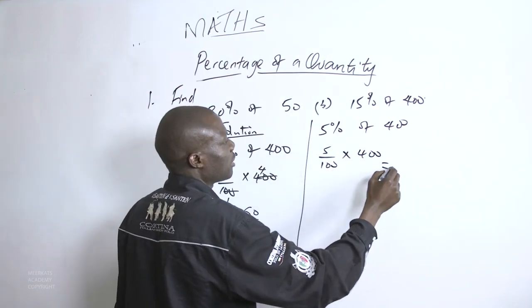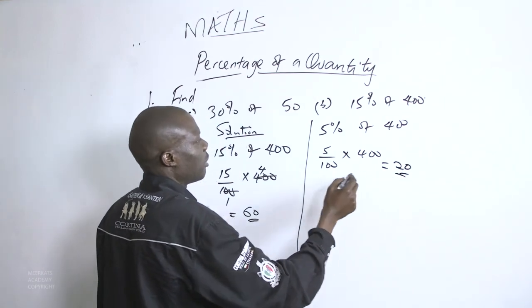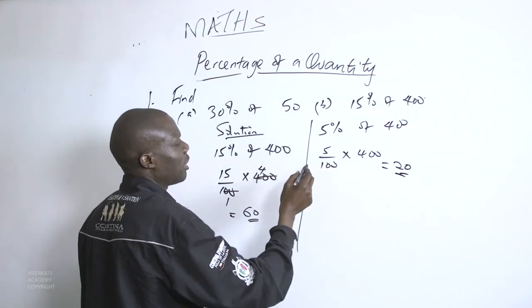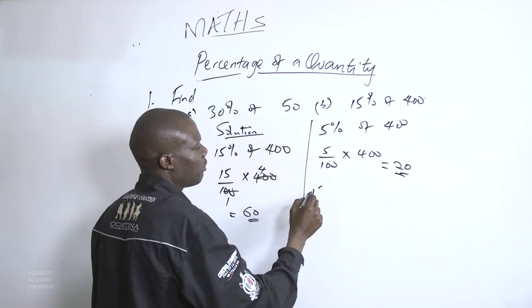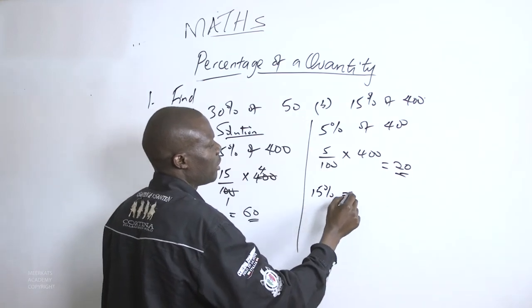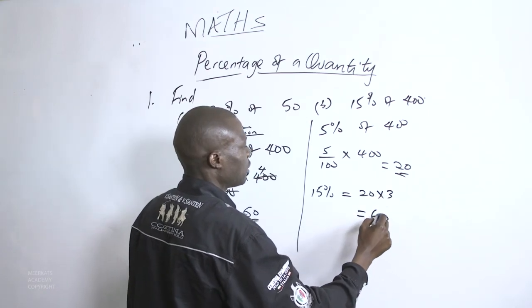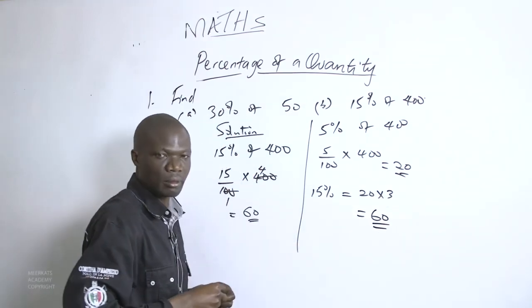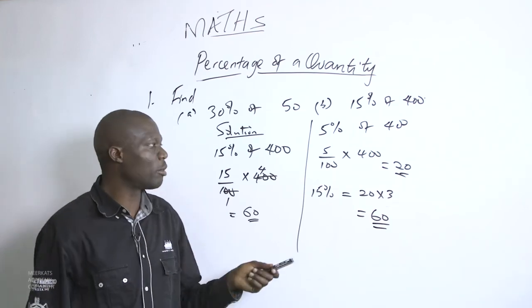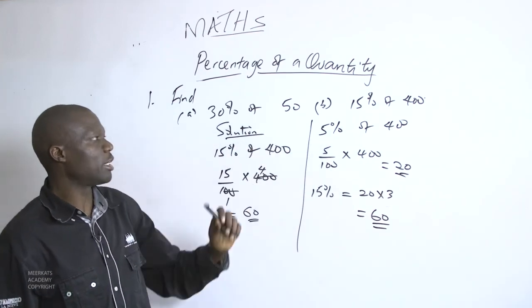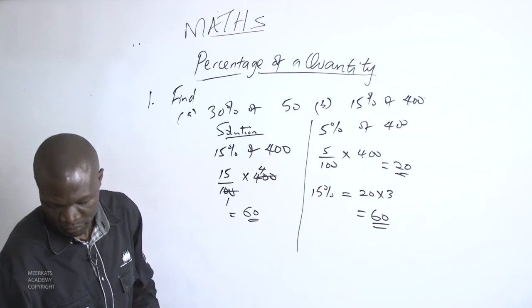This one will give us 20. But because 5% is 20, then 15% will mean it is 20 multiplied by 3, which is 60. So we have been able to get the percentage of a number.